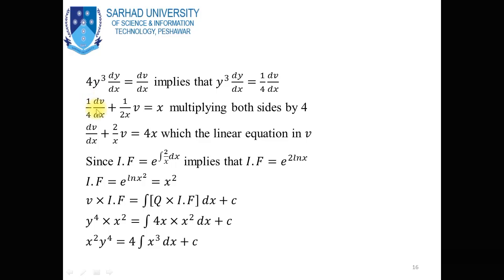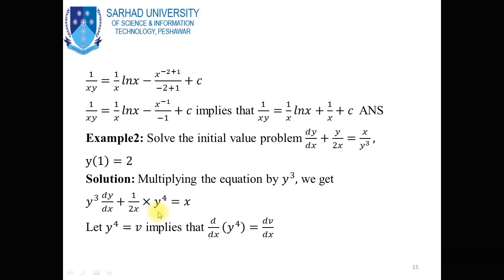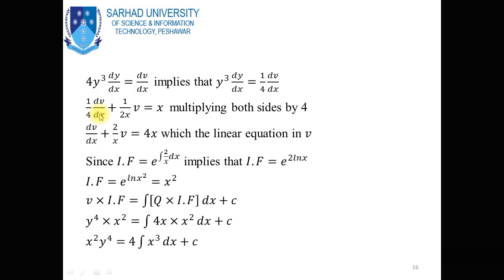And now 1 over 4 dv by dx plus 1 over 2x v is equal to x, multiplying both sides by 4, we obtain dv by dx plus 2 by x v is equal to 4x, and this is a linear differential equation in the dependent variable v.